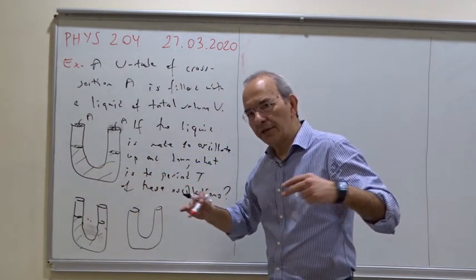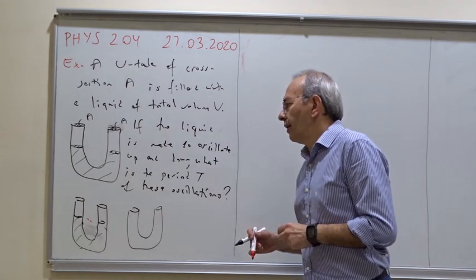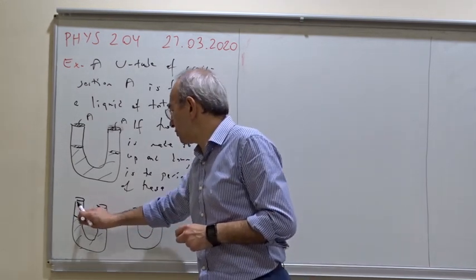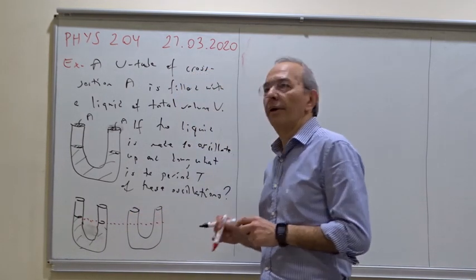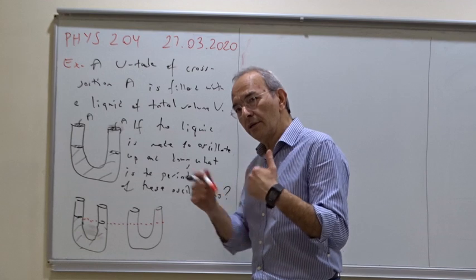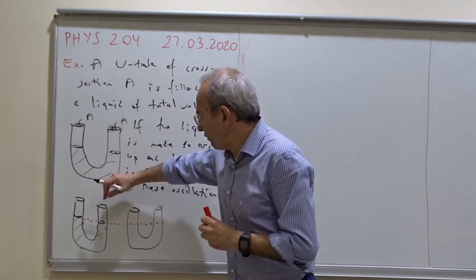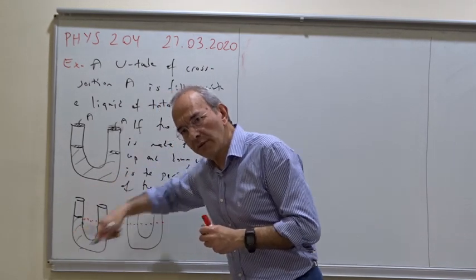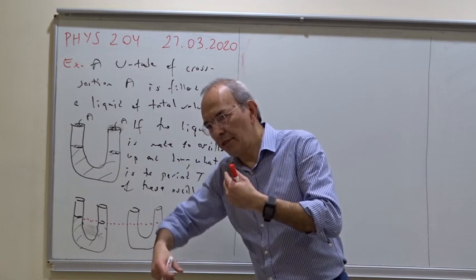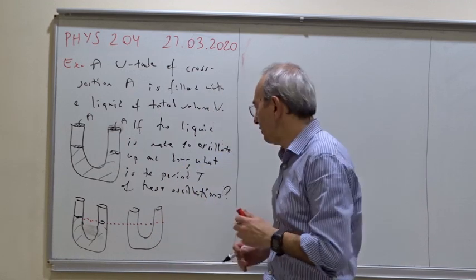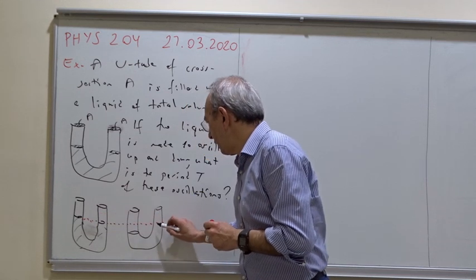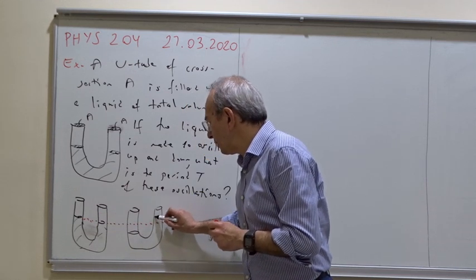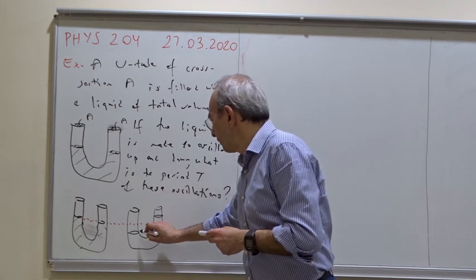The two surfaces are at the same level by the principle of pressure. Now let's compare the initial case with the oscillating case. For example, if you push one part downward by some piston initially, so that the two surfaces are not at the same level. For example, this part has gone down and that part has gone up by the same amount.